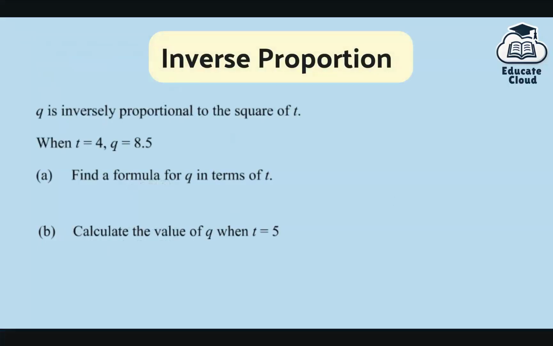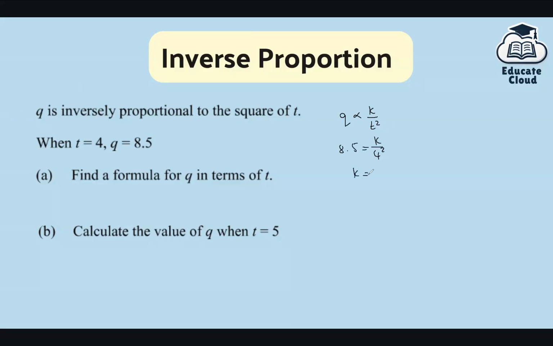Here's another inverse proportion. This one again, it's a little bit hard, so I'd pause the video and try it. Here, Q is inversely proportional to the square of T. Okay, so think about how you're going to lay that out. So Q is inversely proportional to the square of T. When T is 4, Q is 8.5.